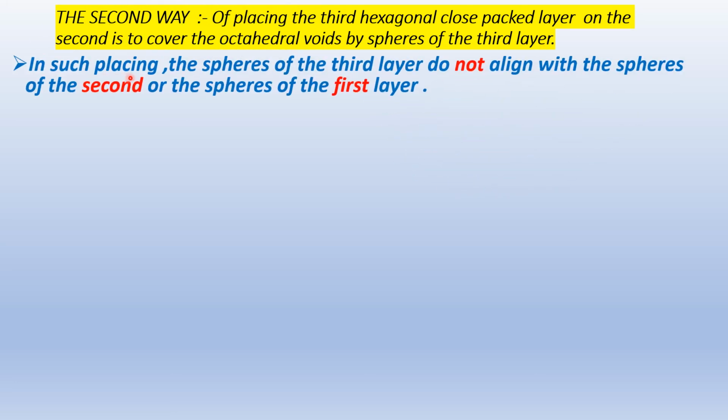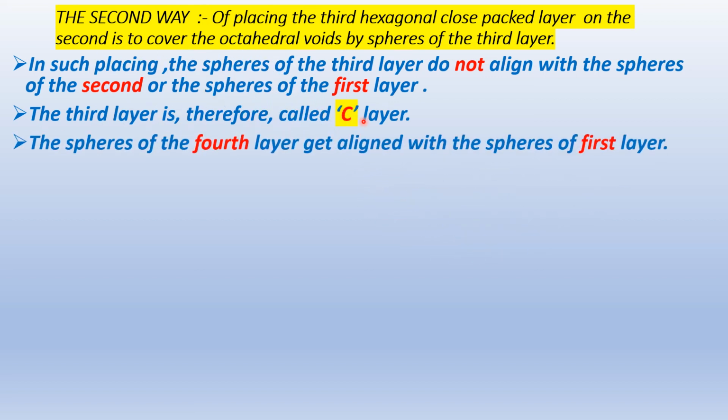In such placing, the spheres of the third layer do not align with those of the second or the first layer. This means the third layer is completely different, therefore it is known as the C layer. Hence the fourth layer gets aligned and is the same as the first layer.